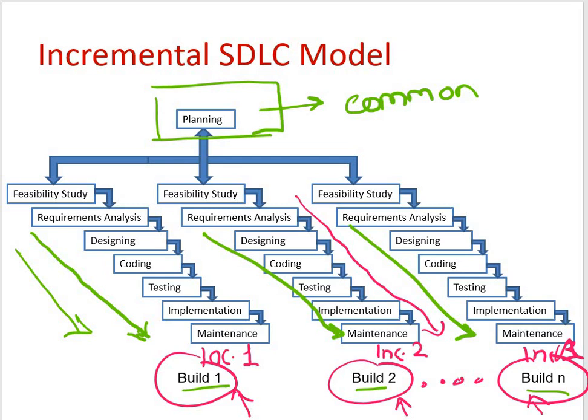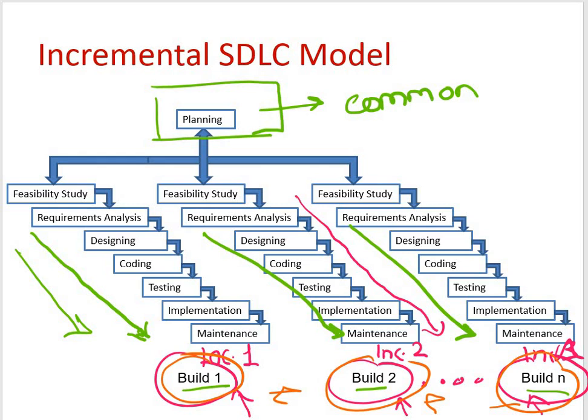Now, some of the basic characteristics of this are that the system development is broken down into many mini development projects. Partial systems are successively built to produce a final total system.